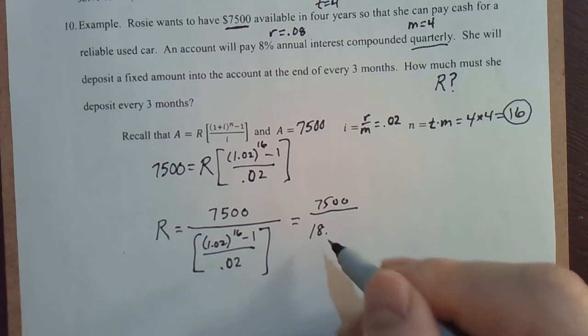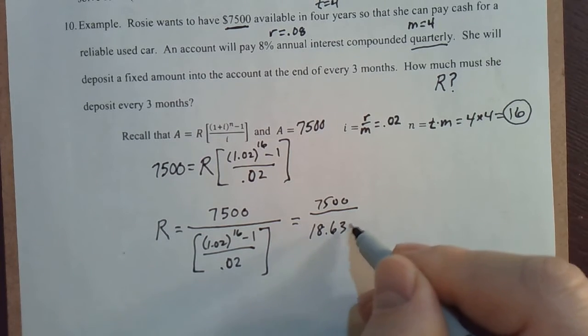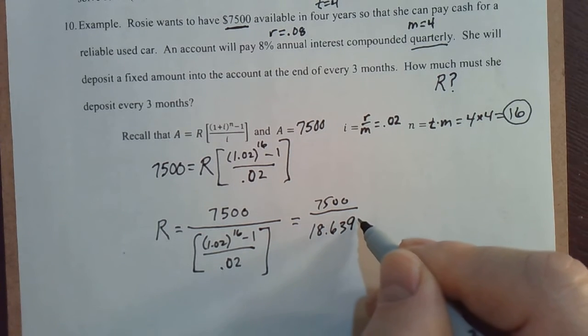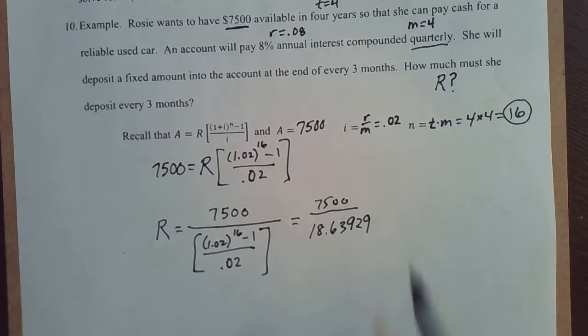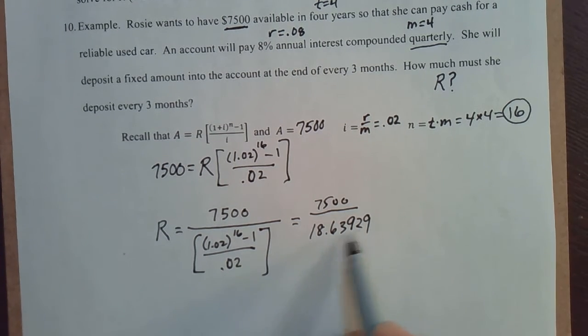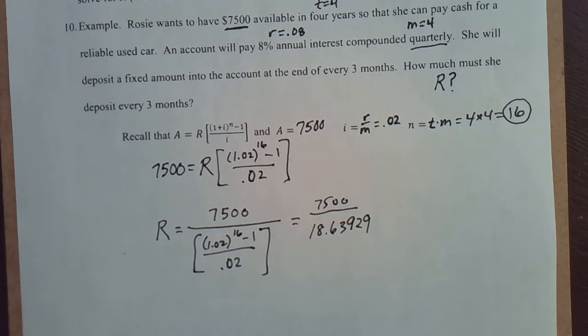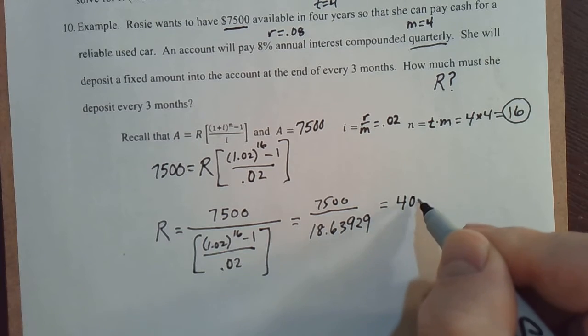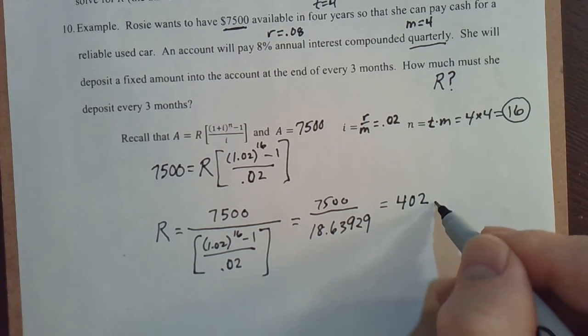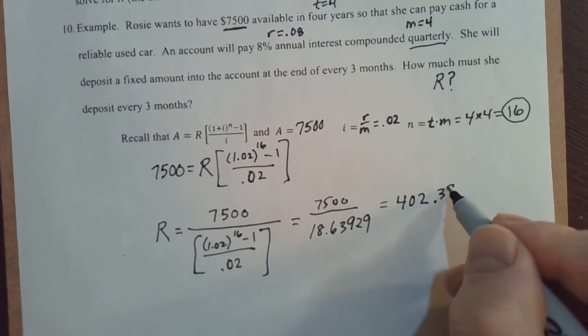I'm getting 18.63929. I rounded, but that's 5 decimal digits past the decimal point. That should be plenty good. So R is equal to, if I take that number and divide by 7,500, and then I have to take the reciprocal, okay, so that's 402.38.